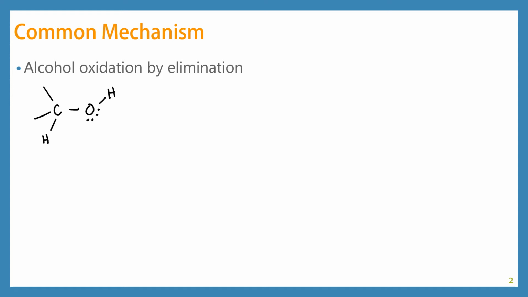Now, your oxidizing agents are always going to be made up of 2 parts. You're going to have something that will eventually serve as a leaving group, which is really important. And it's also going to be attached to something that we're going to call A for now, and we'll see why in a little bit. So in the first step of this reaction, the electrons on the alcohol are able to attack the so-called leaving group, which kicks out atom A.